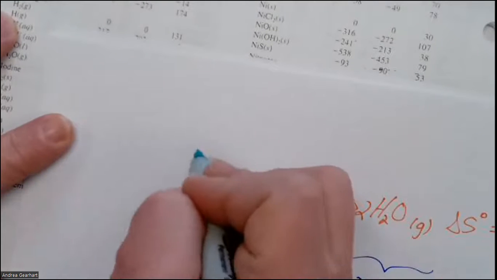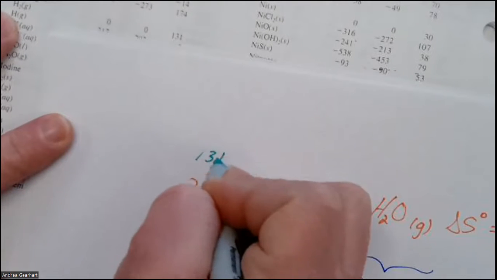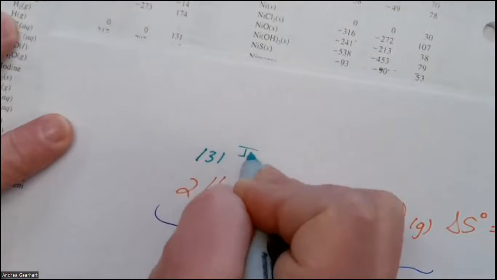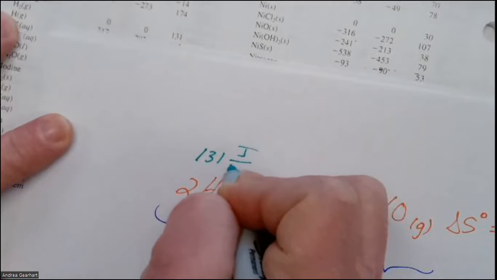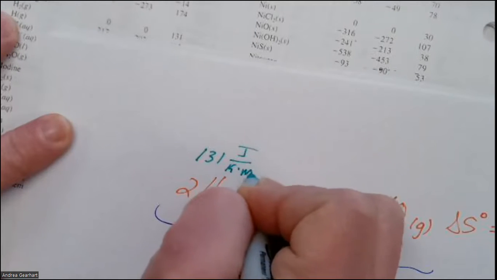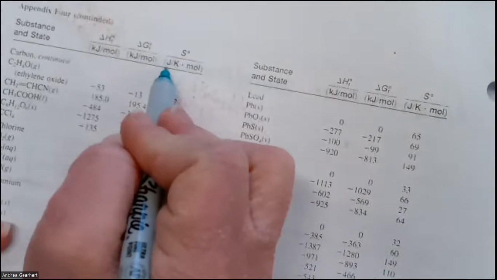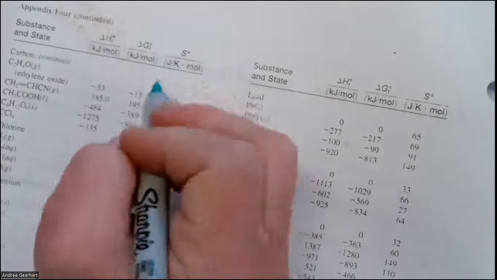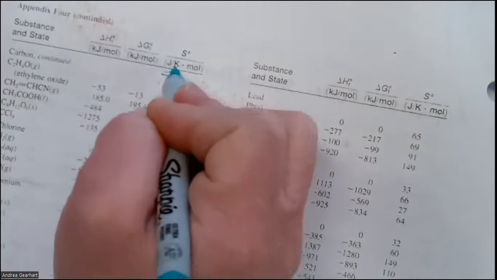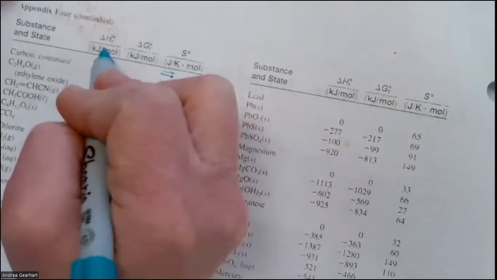Perfect. What are the units? Wonderful. All right, now take a look. I know that this will not cause us to make errors. Look at the units on absolute entropy, joule per Kelvin mole.